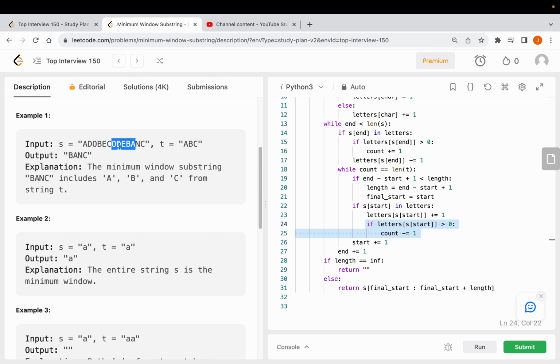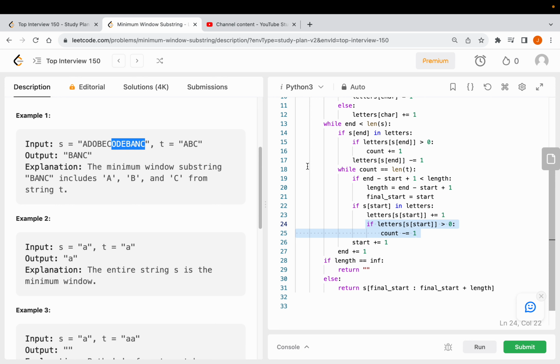So now we continue. Not in T. Count is not 3. And C. Okay, last round. So C is in letters. Now what's the frequency of C?